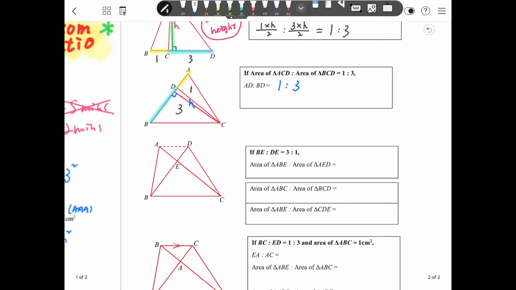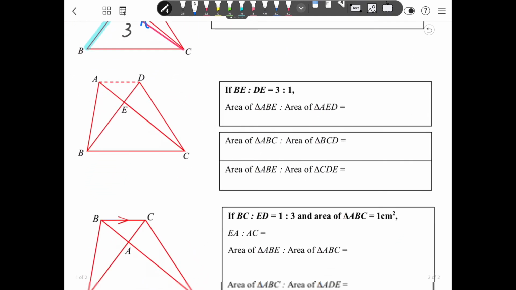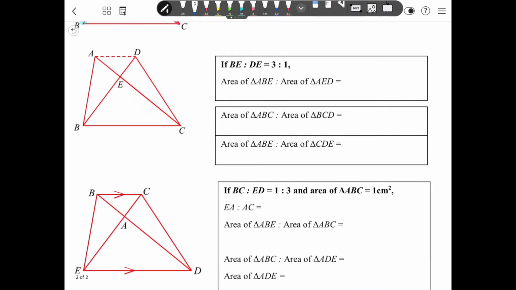Okay, so next part. Let's try some example. So BE will be 3, DE will be 1. Please find the area for ABE to the triangle AED for these two areas. So we need to figure out where the height is.